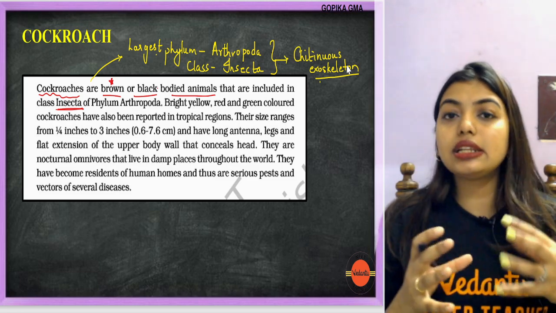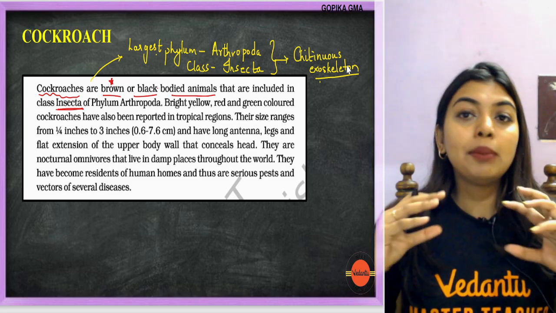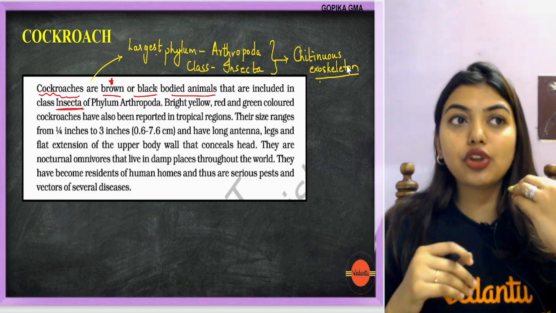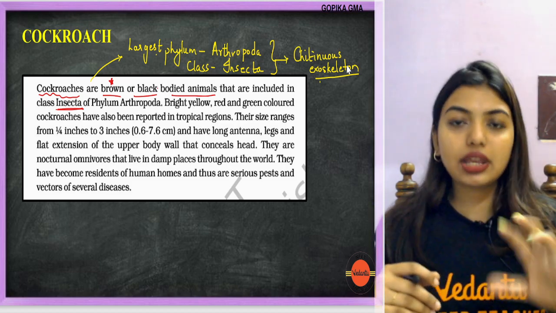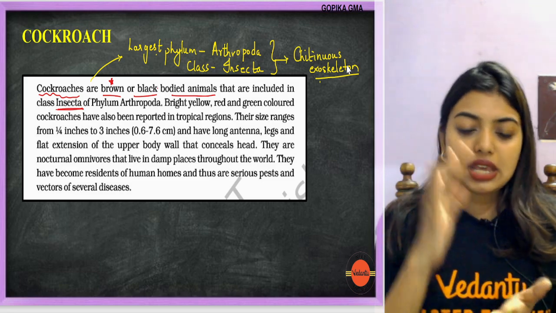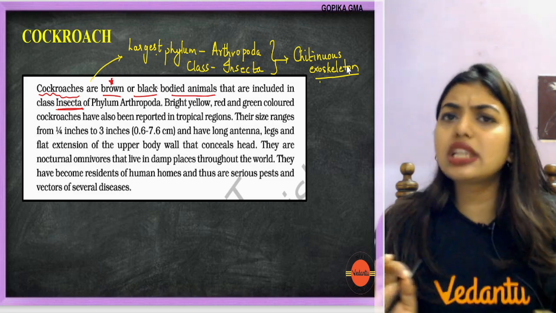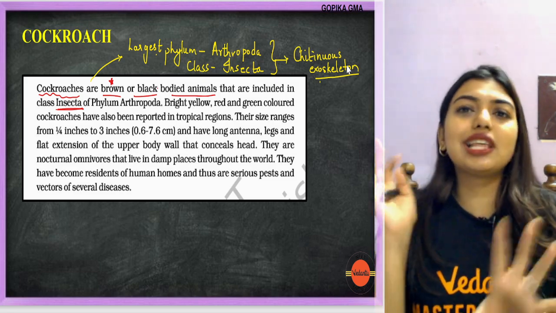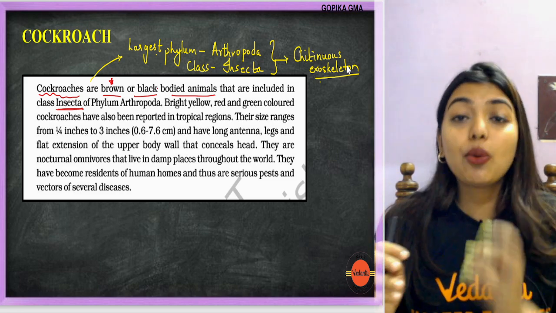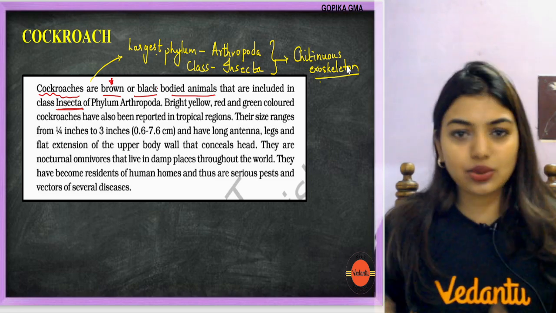This chitin layer makes sure that their body is strong enough so that they do not get affected by anything, okay? Now, knowingly or unknowingly, if you have stamped on a cockroach, you will know that nothing happens. Maybe it will just move like this and then come back to normal. Why is that? Because their outer covering is made up of chitinous exoskeleton, okay?